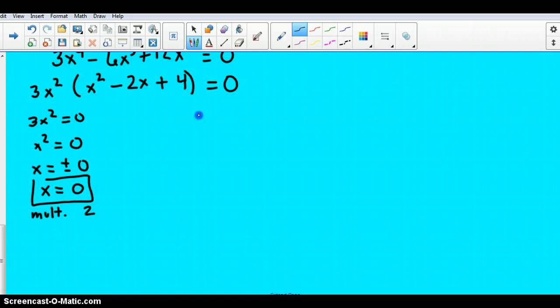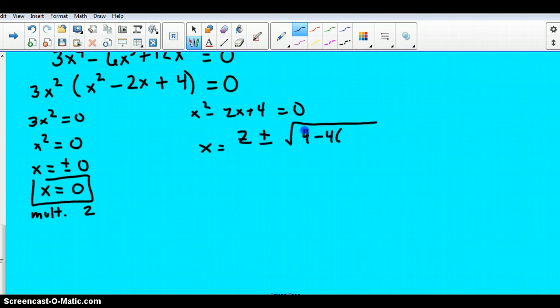The other two are going to come from the quadratic formula. X squared minus 2x plus 4 equals 0. X equals the opposite of b, plus or minus the square root of b squared minus 4 times a times c all over 2a. X equals 2 plus or minus the square root.